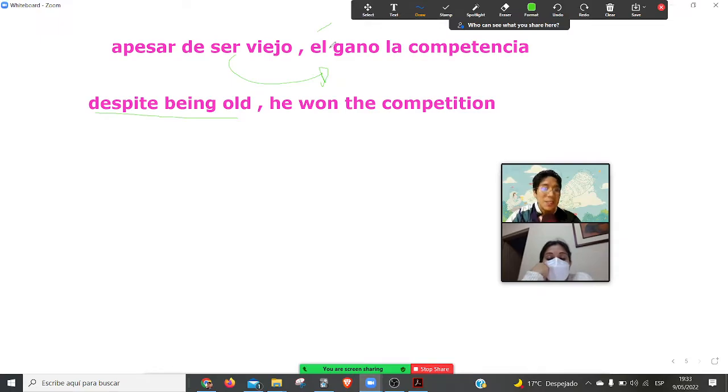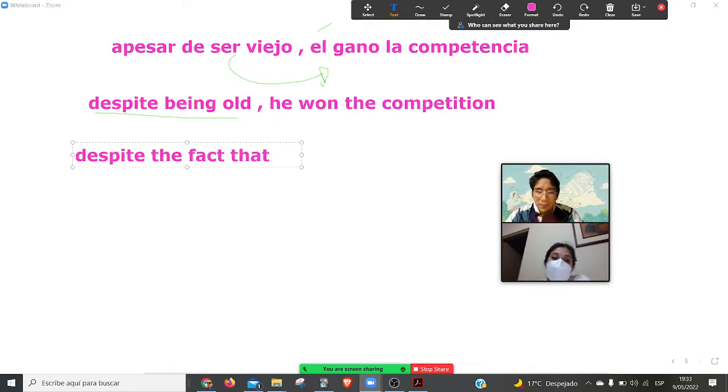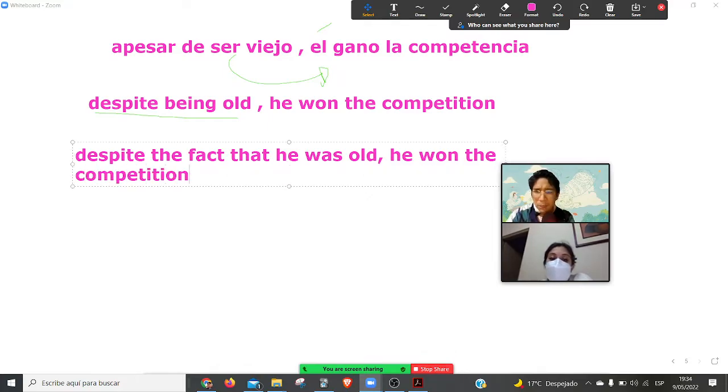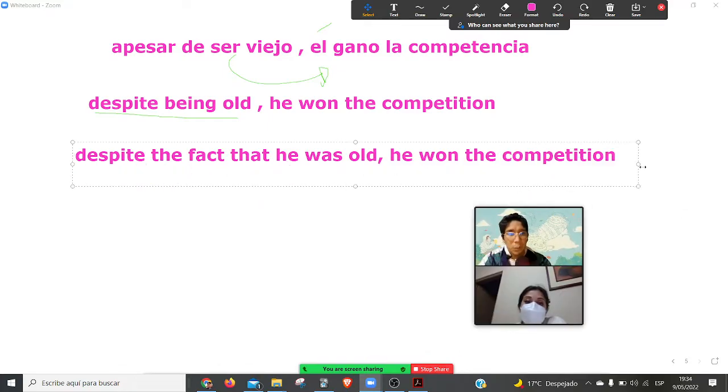He. La misma persona. ¿Ok? Ahora, ¿podré usar un despite the fact that? Despite the fact that he's old. Okay, but the sentence es en pasado. Mira, he won the competition. Despite the fact that he was old, he won the competition. What about despite plus a noun?